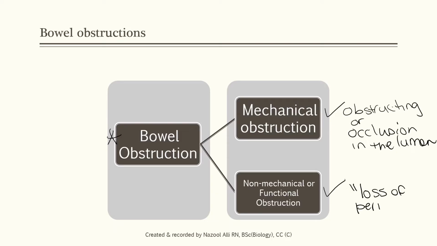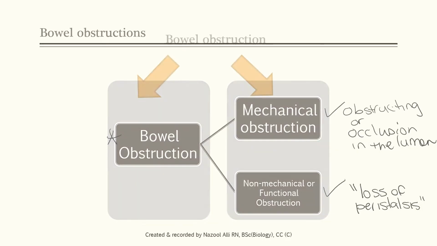And remember, earlier we talked about the importance of peristalsis and segmentation in moving contents forward within the GI tract. So loss of peristalsis means that there's going to be stasis of the gastrointestinal contents trying to get through the GI tract, leading to an obstruction within the gastrointestinal tract.